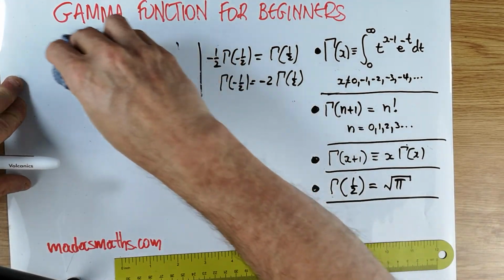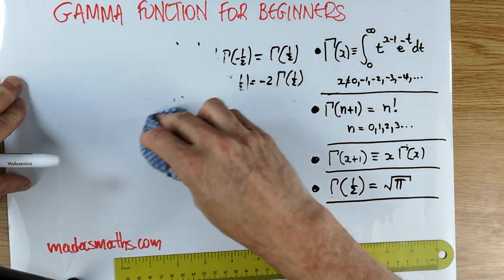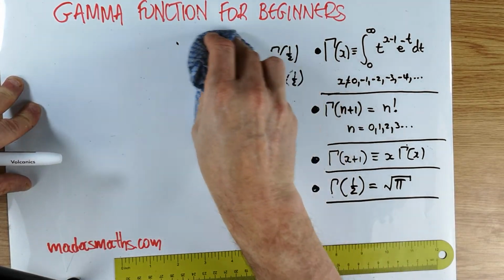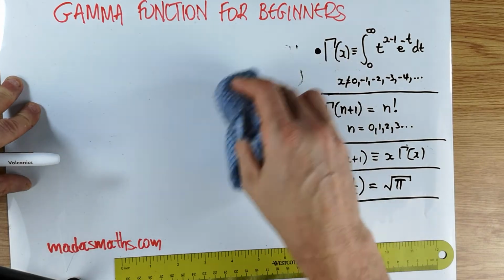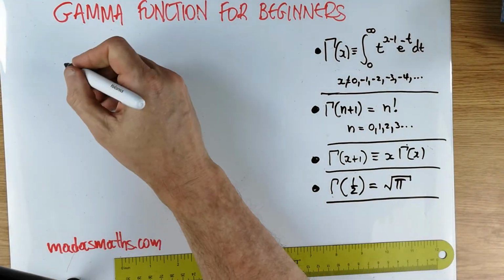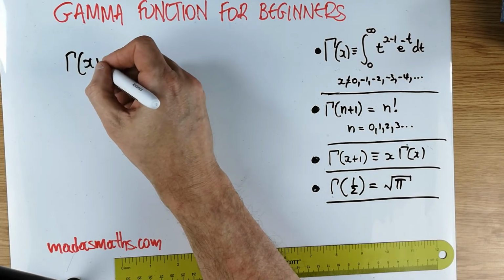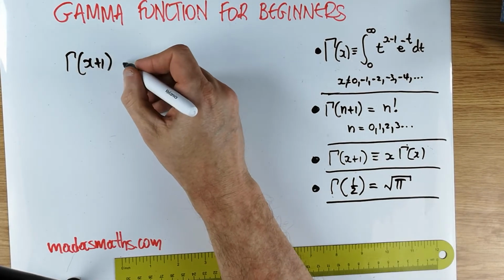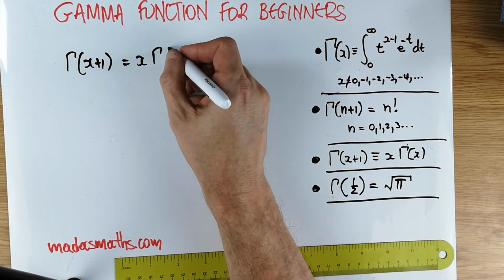For this one, now in retrospect, having done this particular question, probably the best way to do this is actually to take your recurrence relation, which is there, gamma of x plus 1 is the same as x gamma x.